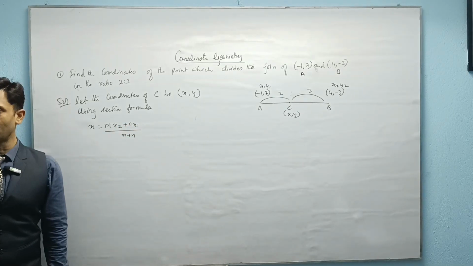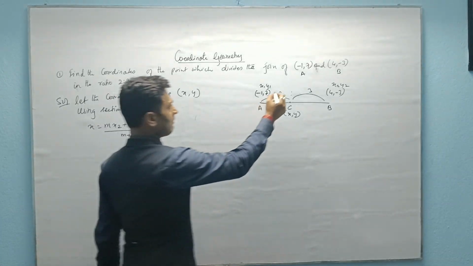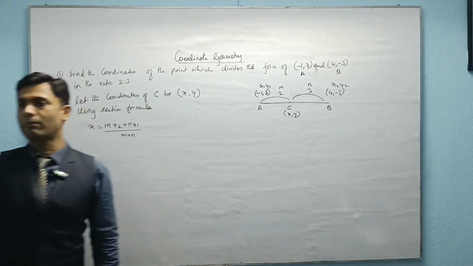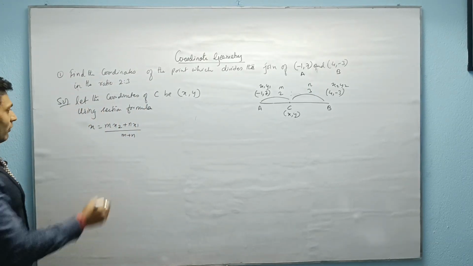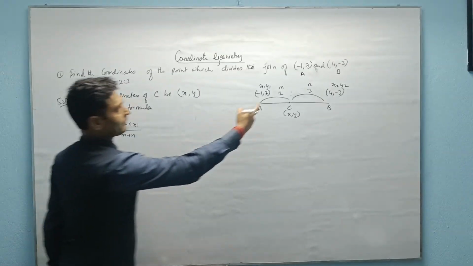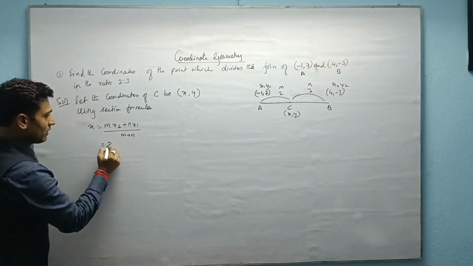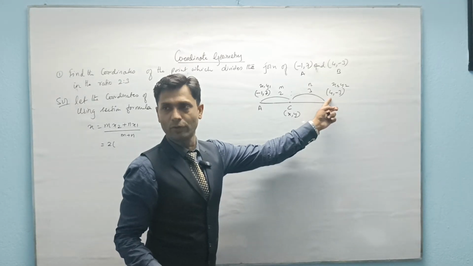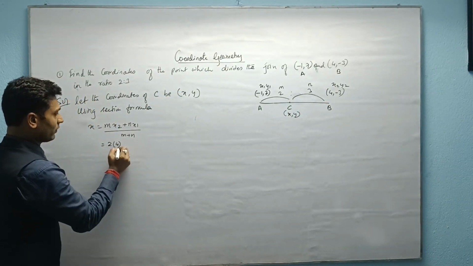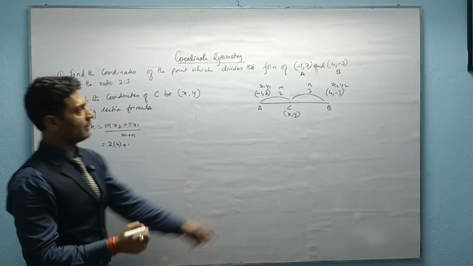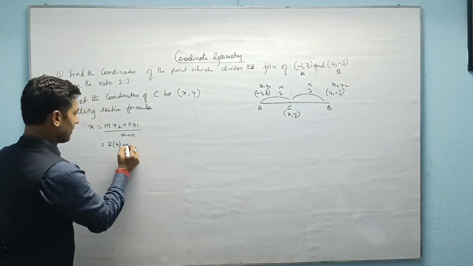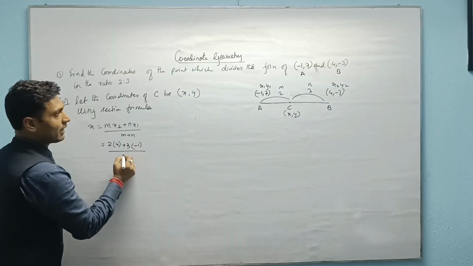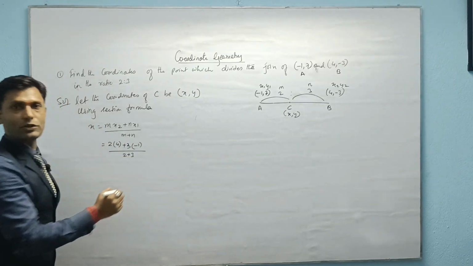This is our section formula. Here 2 is m and this is n. The ratio is m:n. So now we'll substitute the values. m is equal to 2. x2 is equal to 4, plus n is equal to 3, and x1 is equal to -1, divided by m plus n, which means 2 plus 3.